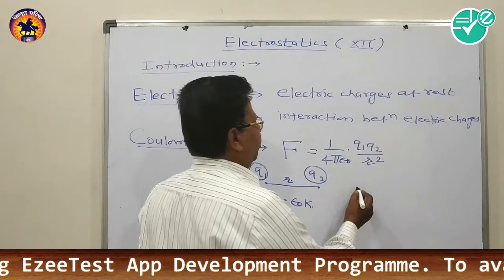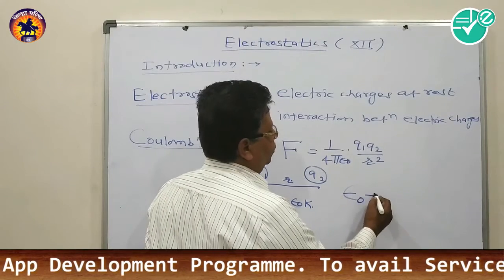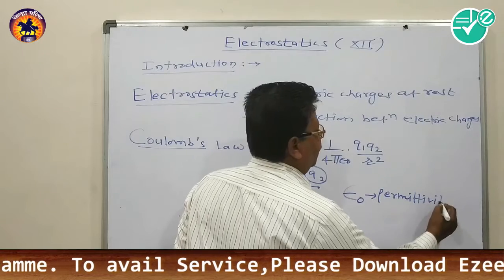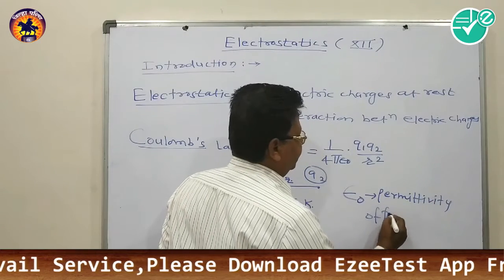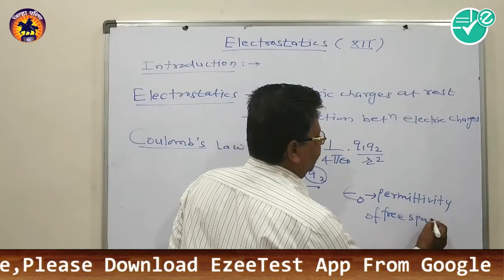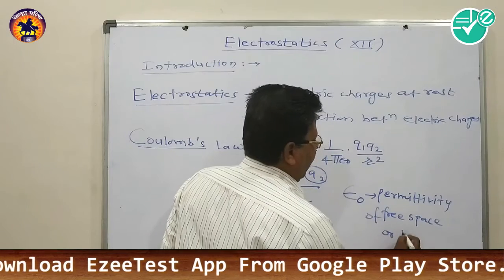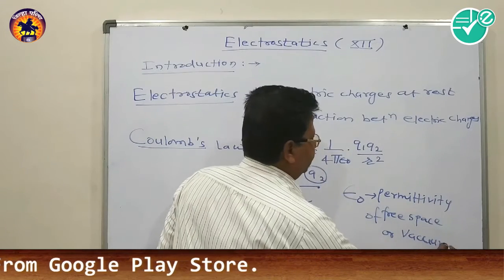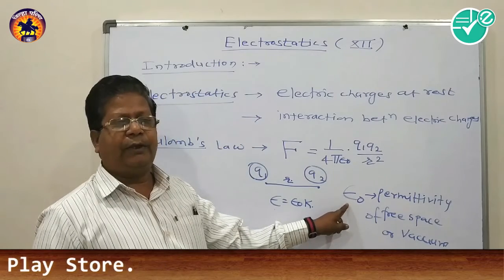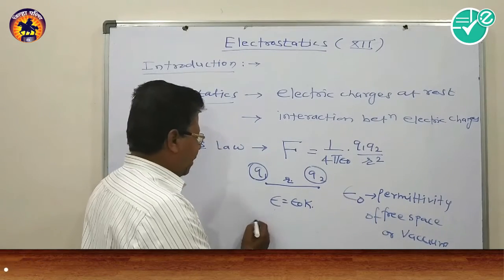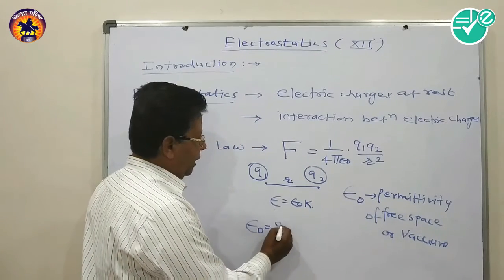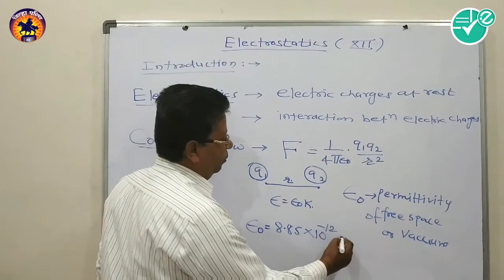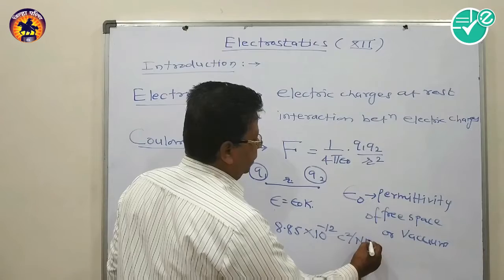In this formula, epsilon 0 is called the permittivity of free space or vacuum, and its value is epsilon 0 equal to 8.85 into 10 to the power minus 12 Coulomb square per Newton meter square.